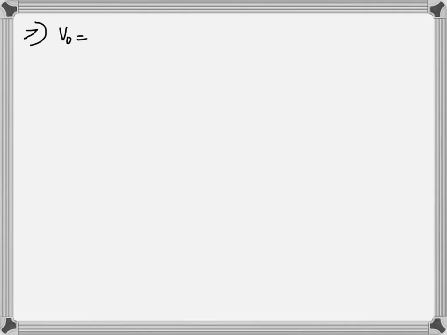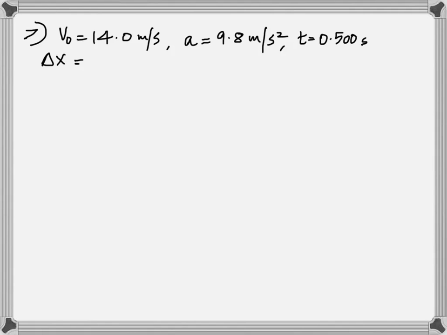And number 7, you've got to find the displacement and velocity at different times. And I'm just going to do it for maybe 1 or 2. This rock is thrown straight down with an initial velocity of 14, so V0 is 14, A is 9.8, it's a freely falling object, and time 0.5.